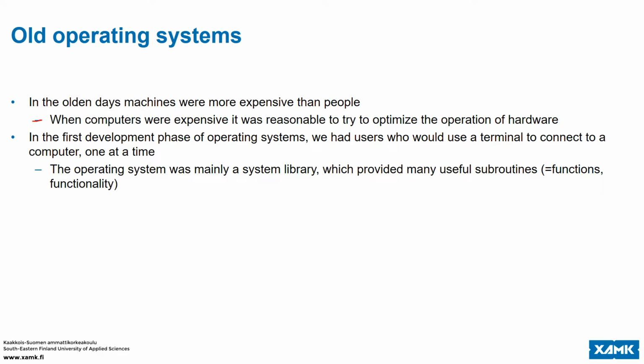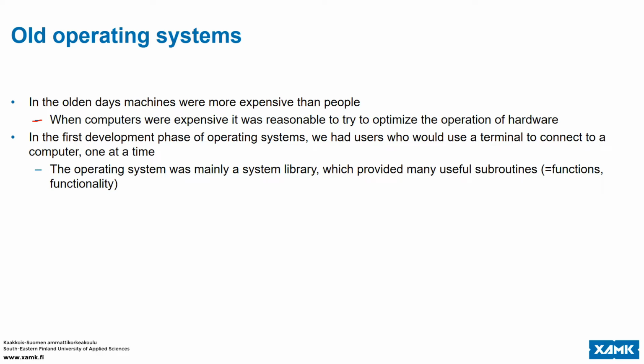And also, there wasn't really a need for any multitasking because computers were so expensive compared to people that people could afford to wait for the computer to finish whatever job it is doing at the moment. And basically, that is why early computers did not have any notion of multitasking. That, of course, meant that early operating systems were very different from what they are now. So these factors affected how we designed computing systems.